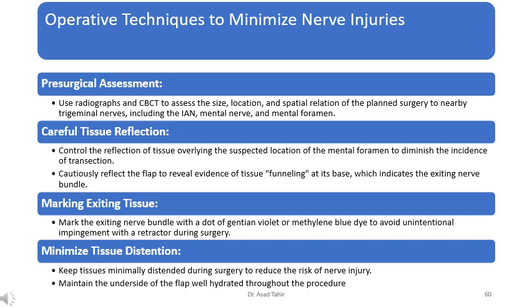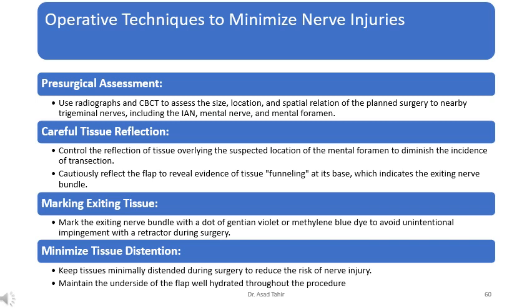Careful tissue reflection: control the reflection of tissue overlying the suspected location of the mental foramen to diminish the incidence of transection. Cautiously reflect the flap to reveal evidence of tissue funneling at its base, which indicates the exiting nerve bundle. Marking exiting tissue: mark the exiting nerve bundle with a dot of gentian violet or methylene blue dye to avoid unintentional impingement with a retractor during surgery.